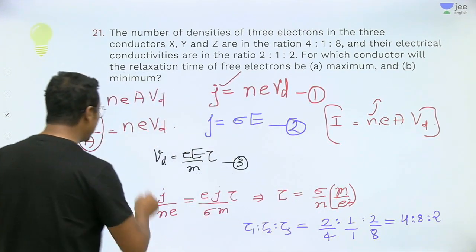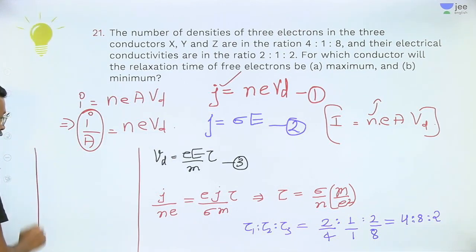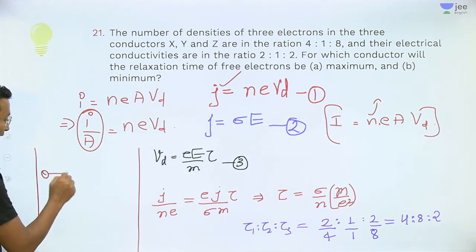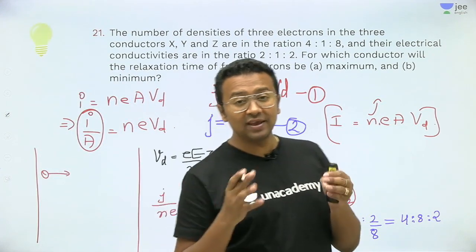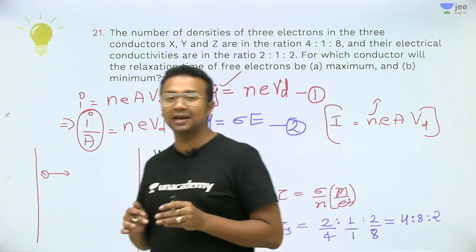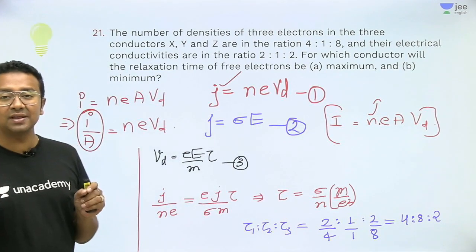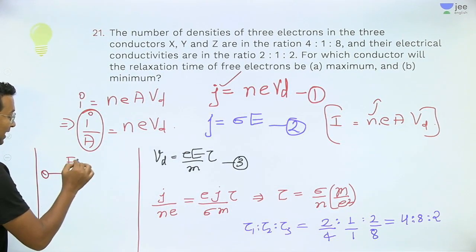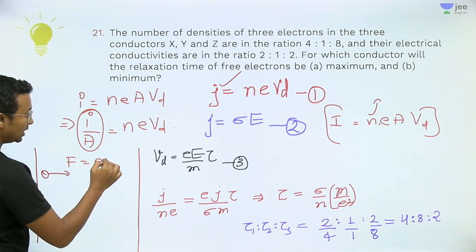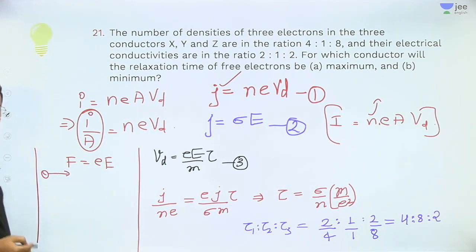Let's say between two collisions an electron is moving and it is subjected to an electric field of E. Then what will be the force experienced by this electron? The force experienced by the electron will be equal to e into capital E, right?